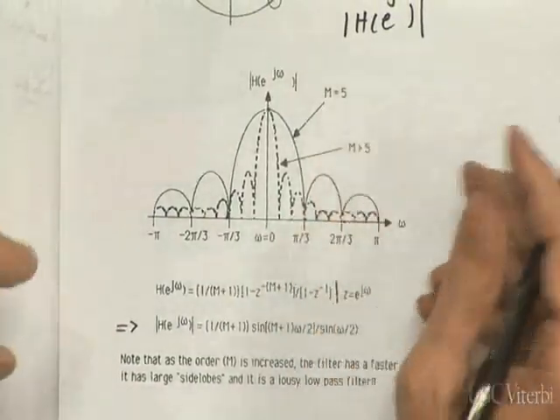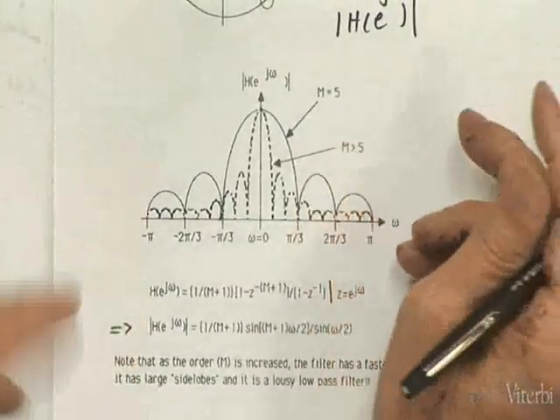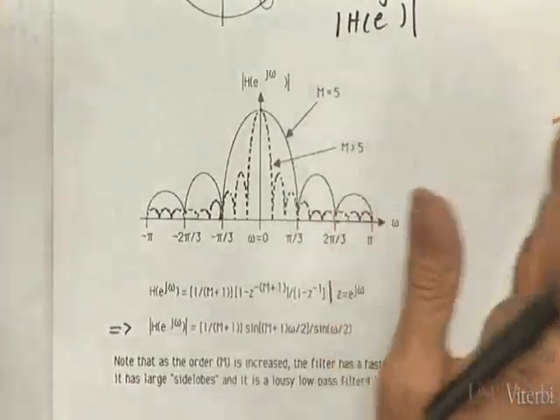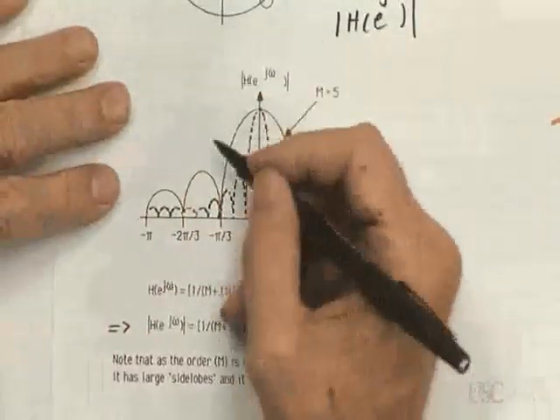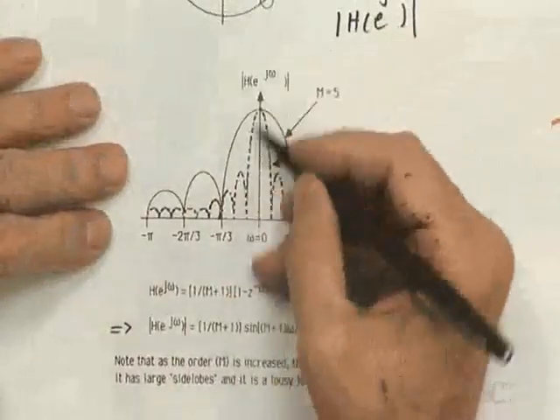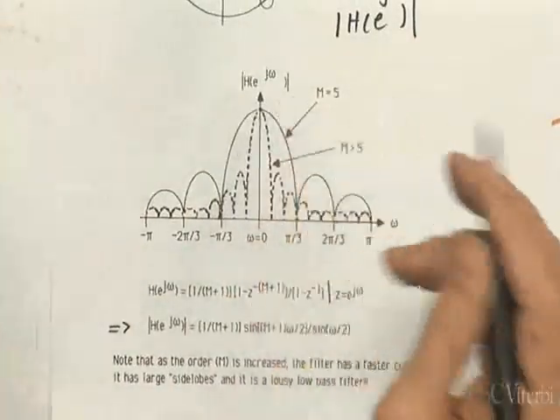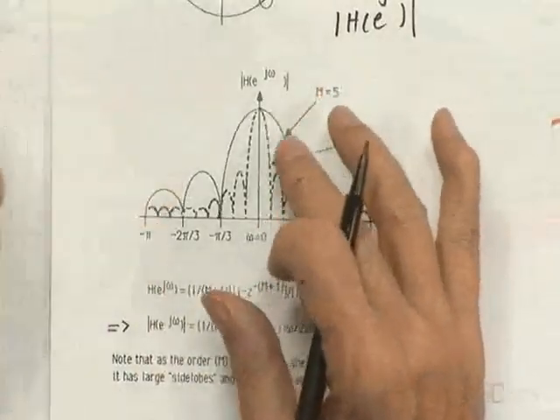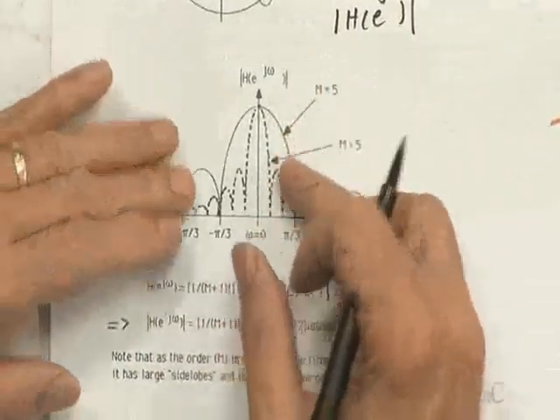This shape is a sinc-type function shape, and it corresponds, believe it or not, to a very crude low-pass filter. In other words, frequencies closer to omega equals 0, low frequencies, are accentuated more than frequencies away.